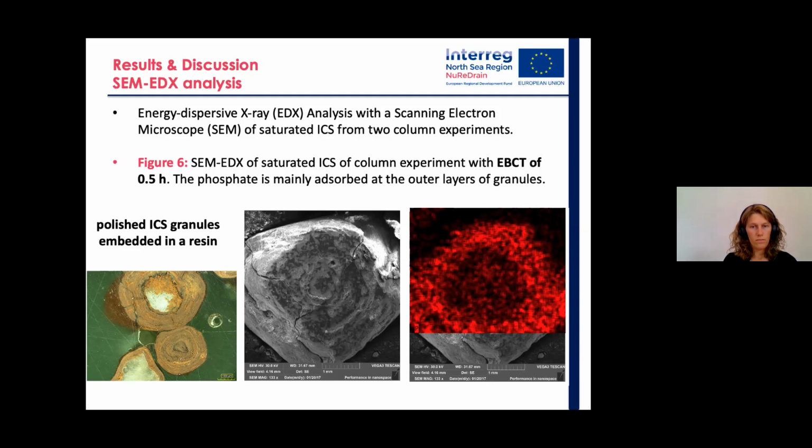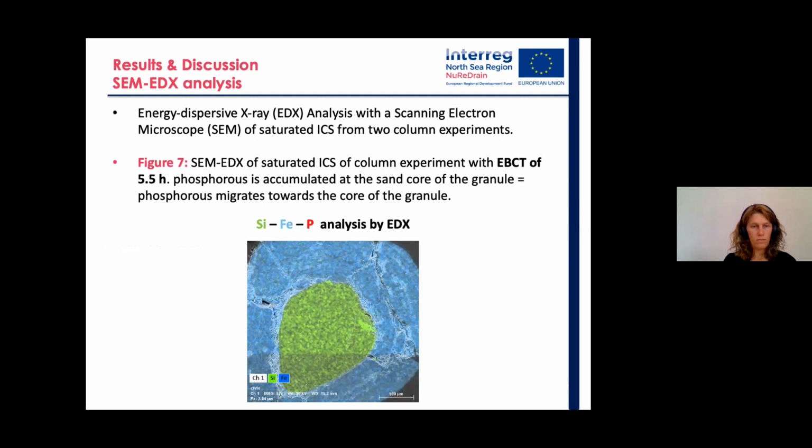If we compare it with the granule that we took from the experiment where we had 5.5 hours of contact time, a lot of contact time, then you can see this is the picture showing the sand core, this silicon, and all the rest is iron.